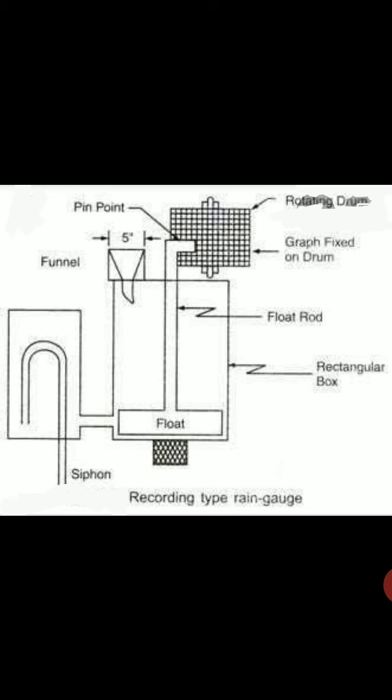And the seventh point, inclination of gauge may cause lesser collection. A 10% inclination gives about 1.5% low catch. So these are the errors that usually come in the field in rain gauge measurement.